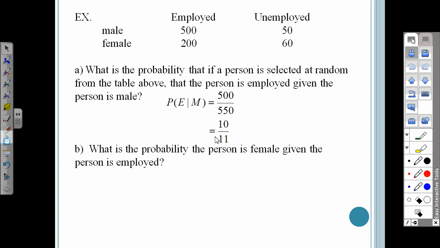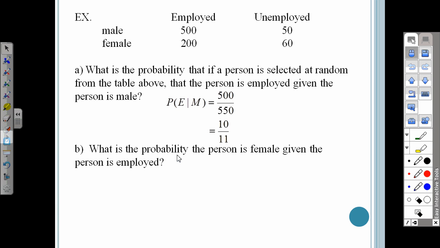Well, the way that I think about this here is, instead of using that formula, we can say if we know that the person is male, let's look at, here are the males. There are 550 males. And we want the probability that that person is going to be employed. Well, there's 500 of them out of that 550. So there's your probability, 10 out of 11.